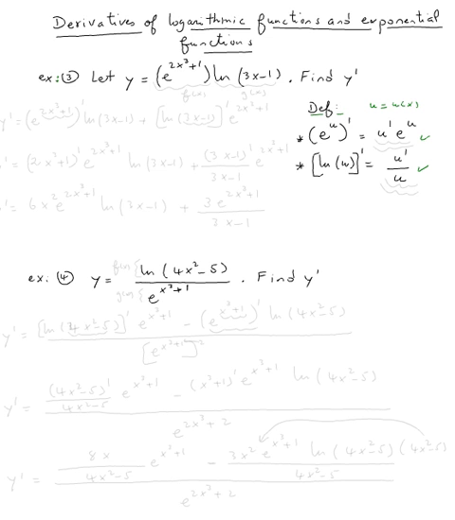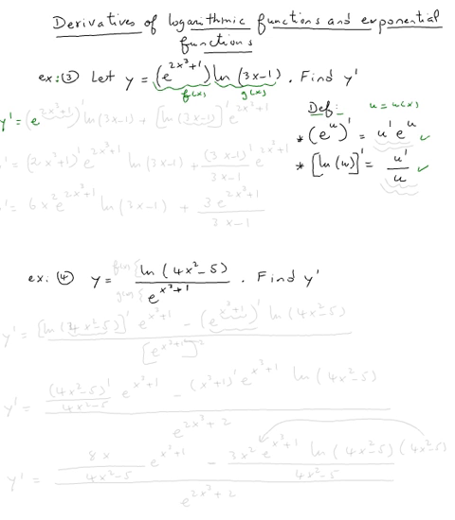So here we have to use, for example 3, y is equal e to x cubed plus 1 times ln of 3x minus 1. So evidently we have to use product rule. So we think of this as f of x, and this is g of x. So remember, product rule says y prime is equal f prime of x times g of x plus g prime of x times f of x.